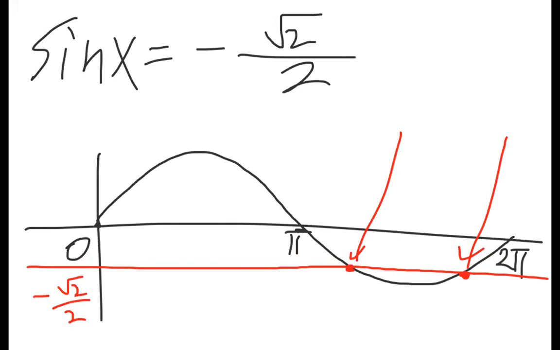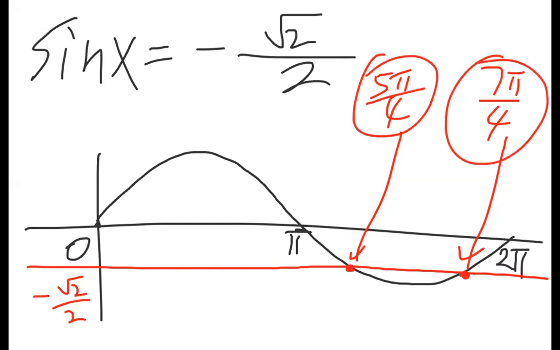By looking at the unit circle, this is 5 pi over 4, and this is 7 pi over 4. So now you have two solutions for the equation here as well.